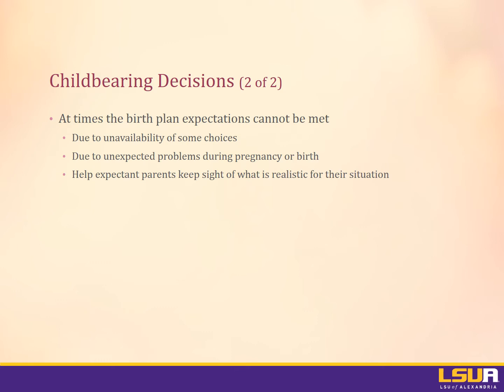Sometimes the birth plan expectations cannot be met, and so we need to help them to understand what the priorities of care are should the plan not be able to be carried through, because sometimes we run into an emergency situation and we cannot follow the plan fully.